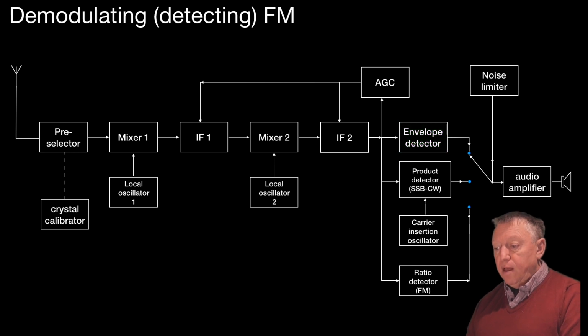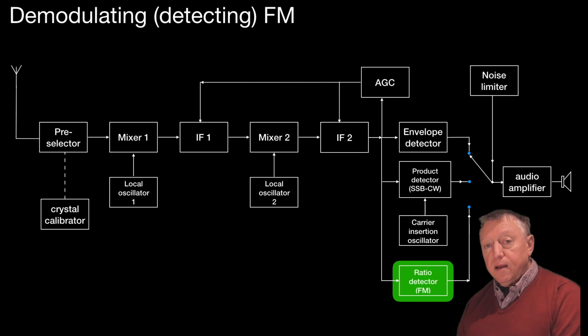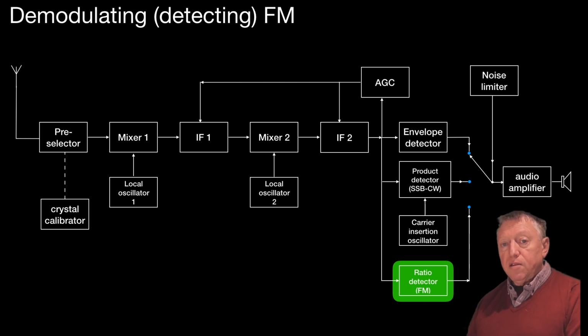We have now to look at a way of detecting FM. So we're looking to find an FM discriminator, and the particular example used in the RSGB course is the ratio detector. There are other detectors, the Foster-Seeley, etc., but it's the ratio detector that's been singled out for special attention.